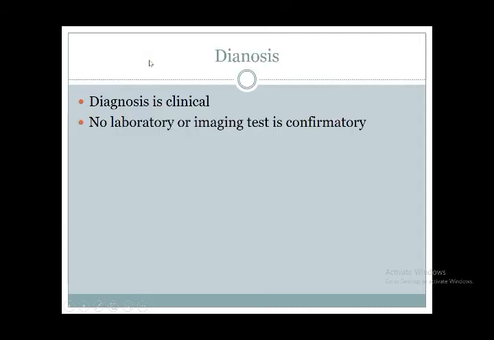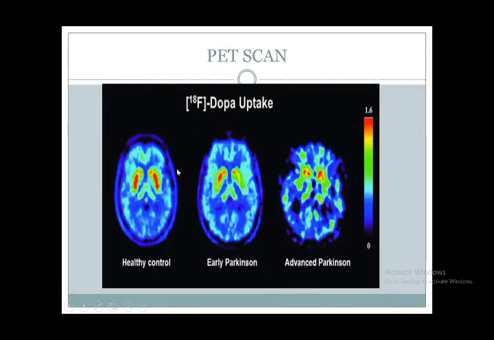Diagnosis is basically clinical, and there's no laboratory or imaging test that is confirmatory. But here you can see fluorodopa uptake tests, in which fluorodopa is basically a dye. In a healthy control, you will see the normal uptake of dye in the basal ganglia structures.